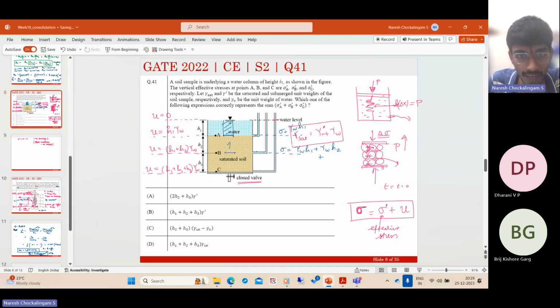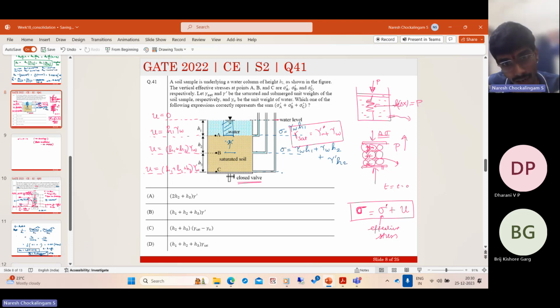Therefore, there is an upward buoyant force acting on those soil particles. The saturated unit weight would be the total force, but the upward buoyant force has to be subtracted. So you take the submerged unit weight, gamma dash into H2.